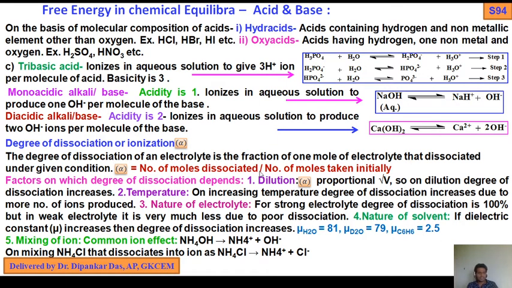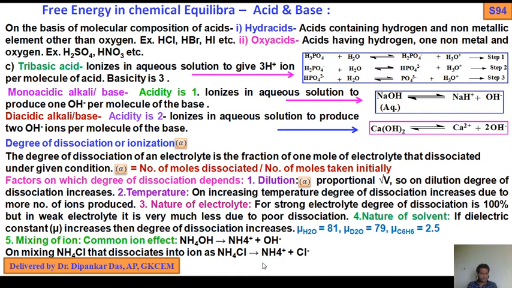Now the next point, mixing of ions, that is, the common ion effect. Ammonium hydroxide, a weak base, dissociates into ammonium ions plus OH minus ions. If we mix ammonium chloride, what will happen? It dissociates into ammonium ions plus Cl minus ions.